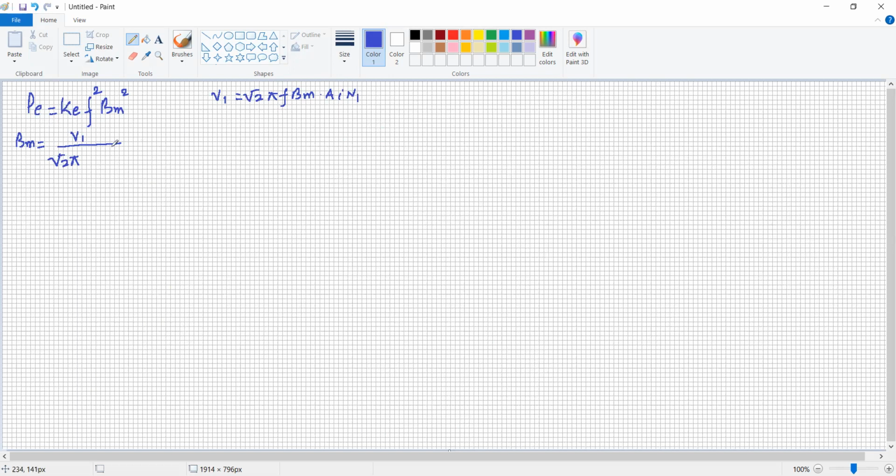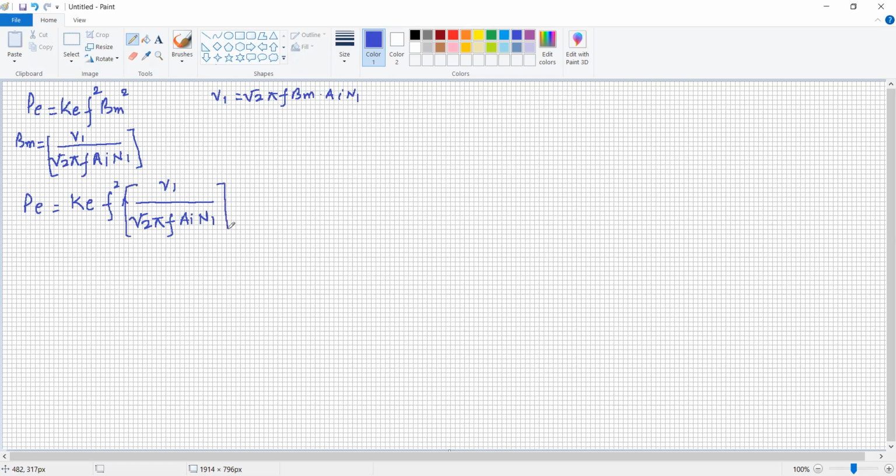So Bm is V1 divided by f, divided by net iron area into number of turns. Okay, this is the value of maximum flux density. Put in the equation for PE. So PE is equal to KE f squared into V1 upon root 2 pi f Ai into N1.